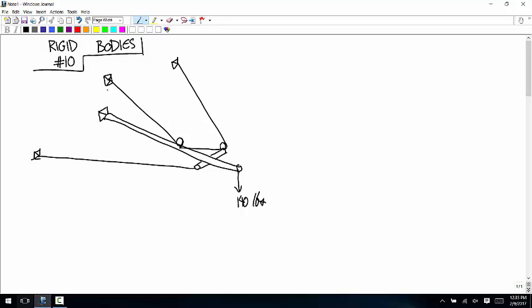So these are in a vertical line. Doesn't really look like it.